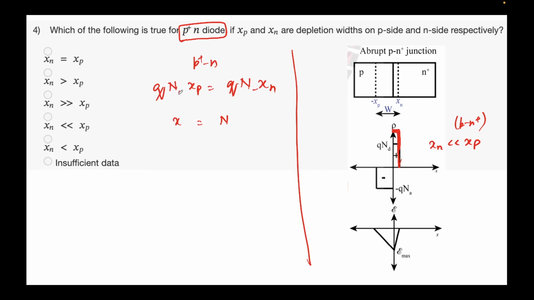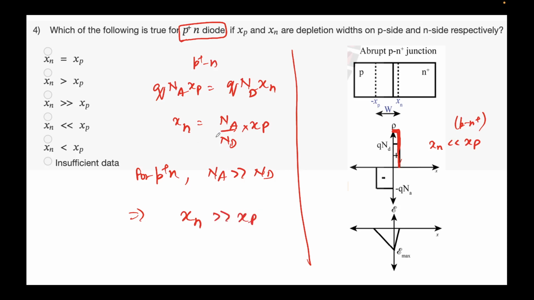Yeah, so this is NA, this is ND. So from this I get Xn equal to NA over ND times Xp, right? For a P plus N diode, NA is greater than ND. That's the definition. So this implies Xn is greater than Xp.